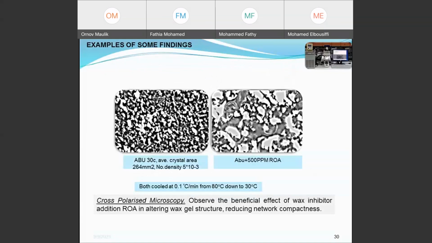Also here, using cross-polarized microscopy, we see the beneficial effect of wax inhibitor addition, ROA, in altering wax gel structure, reducing network competence. On the right side, we can see the crystals become large and there is a gap, a void here.